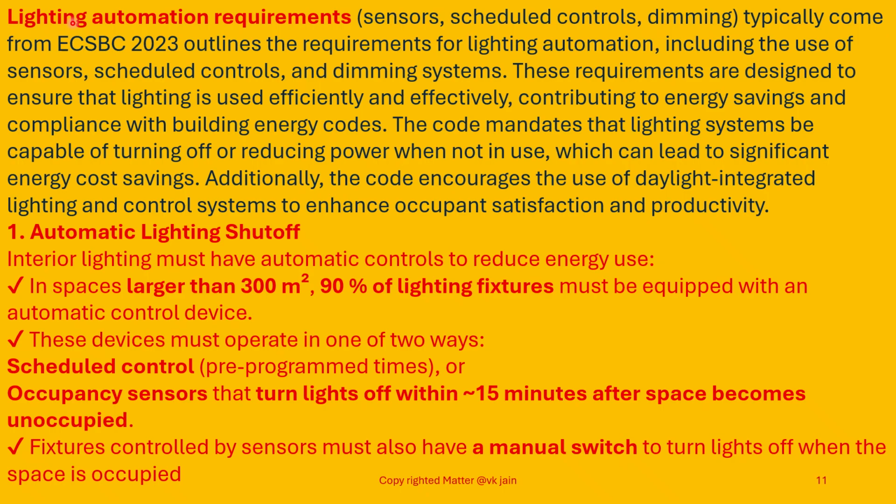Friends, now we are discussing lighting automation requirements as per ECSBC, Energy Conservation and Sustainability Building Code 2024, that outlines the requirements for lighting automation, including the use of sensors, schedule controls, and dimming systems.